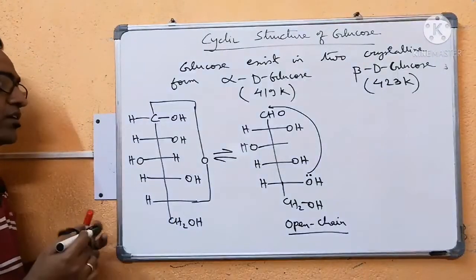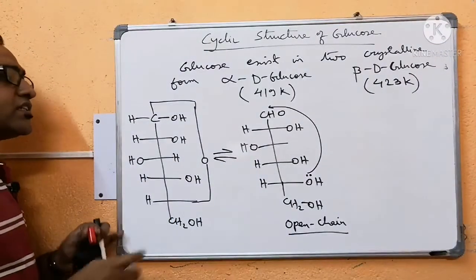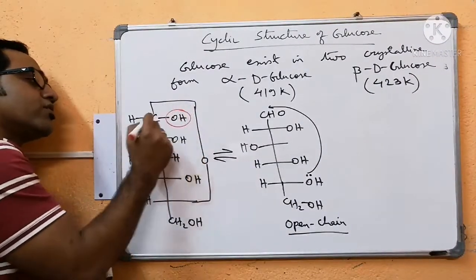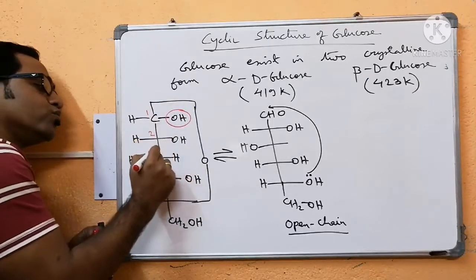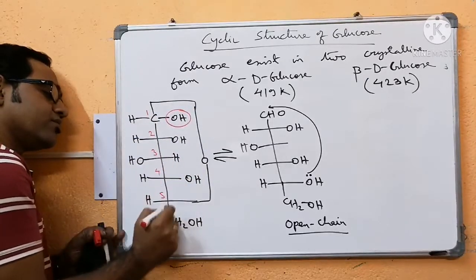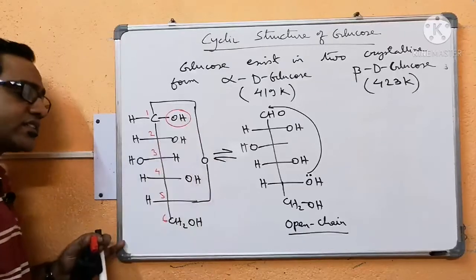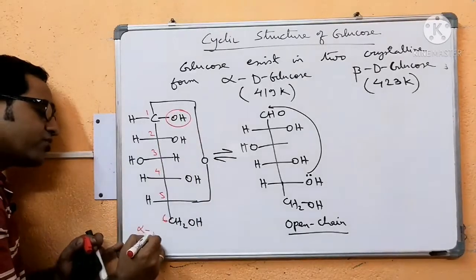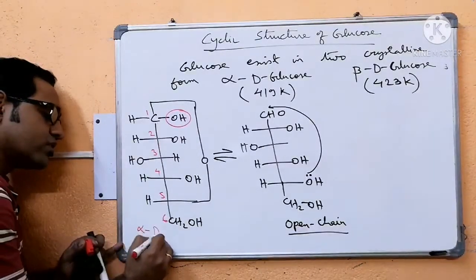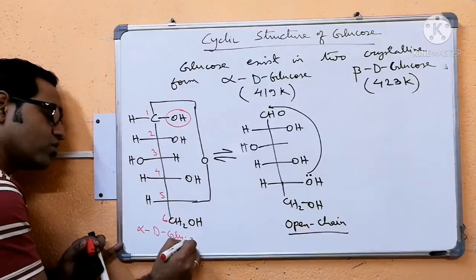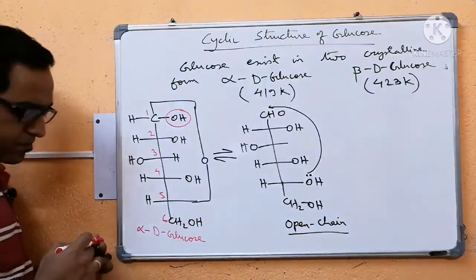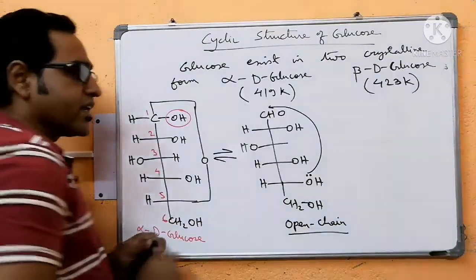In this case, you can see the OH on the first carbon is on the right hand side, and we call it alpha D glucose or alpha form.